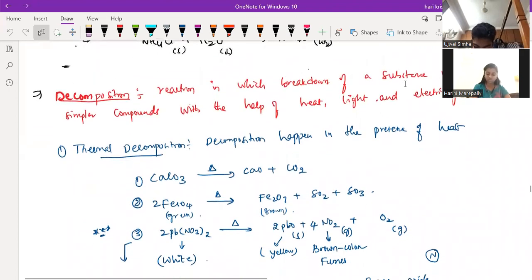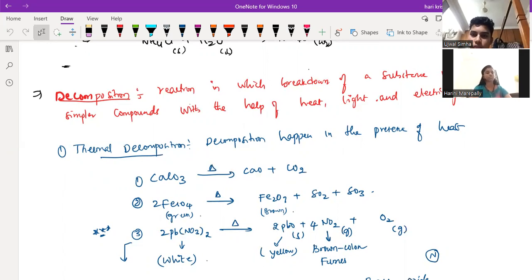So next is the decomposition reaction, which is exactly opposite of combination reaction. Decomposition means what? Breakdown of the molecules into two or more simpler substances. So single reactant will be there. It will break into two or more simpler products.